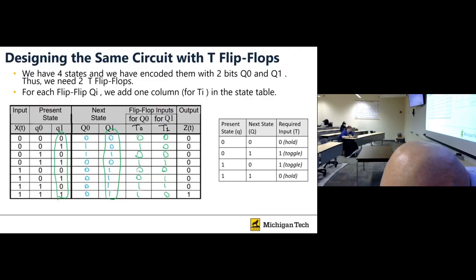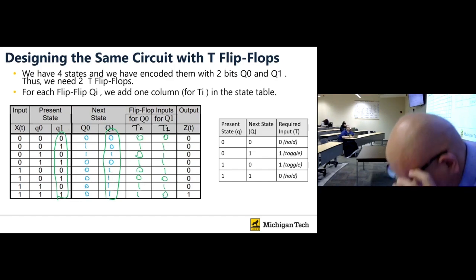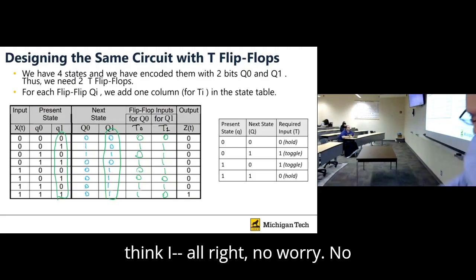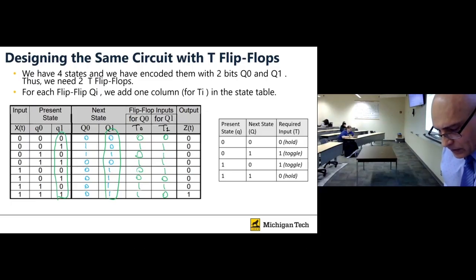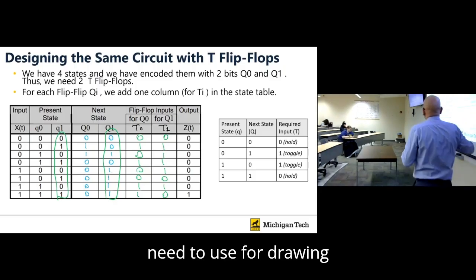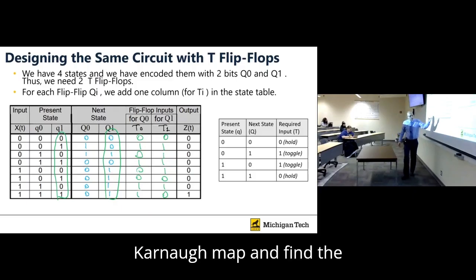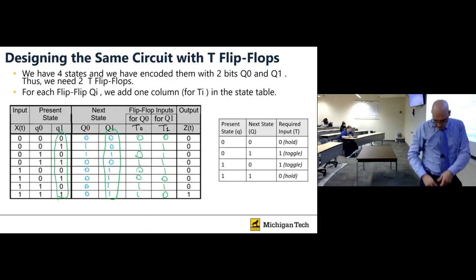Oh yeah, I made a mistake. Okay, memory, toggle, toggle, toggle, toggle, memory, toggle. Oh yeah, that's correct. All right, no worry. So that's the thing that we need to use for drawing the Karnaugh map and finding the Boolean expressions.